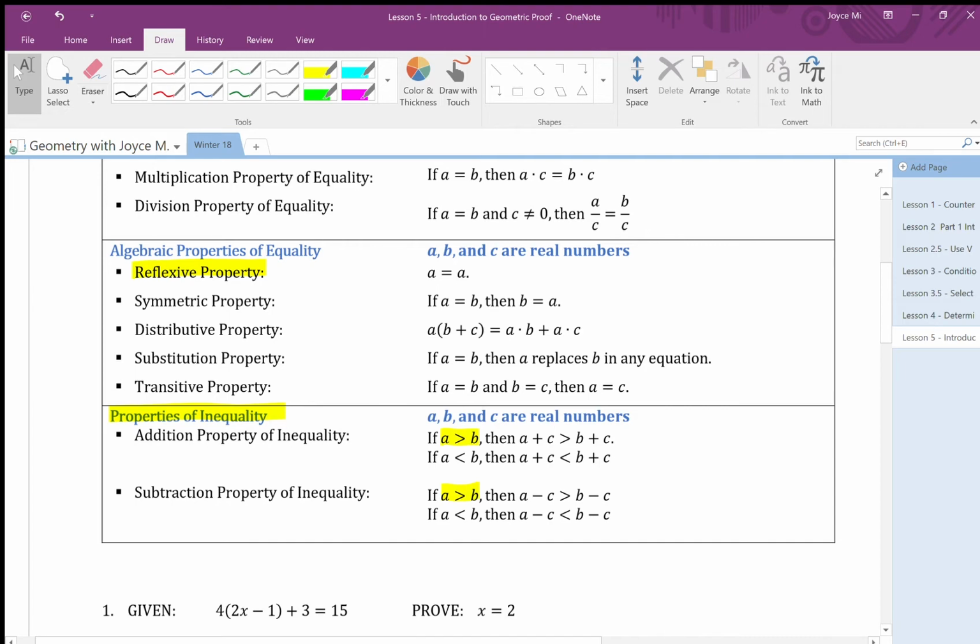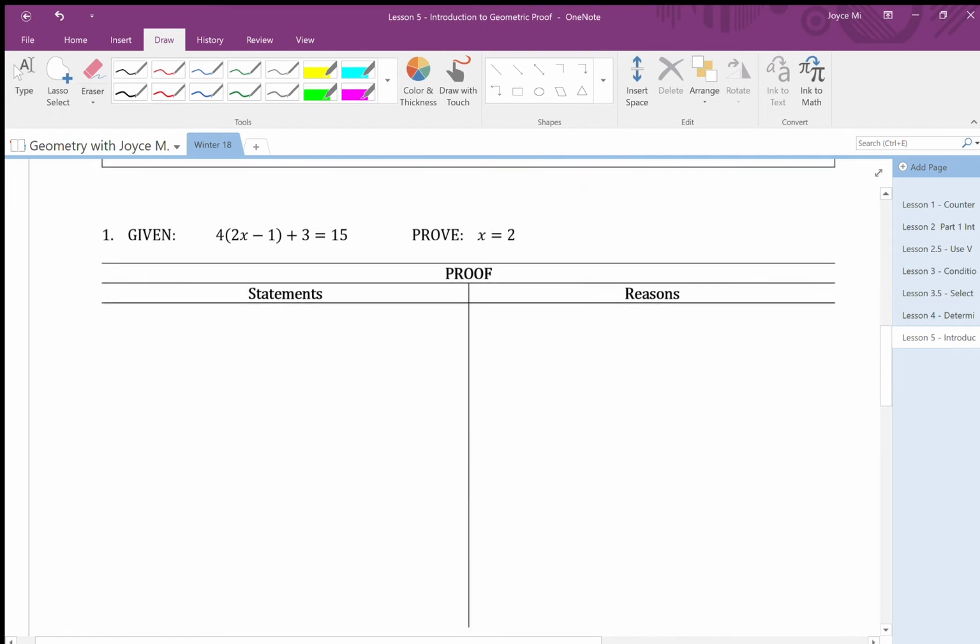Let's do a simple example of how to use those properties. This is called a two-column proof, where you write a statement on the left and a reason on the right. We can solve an algebra question. We solve it as we normally would, but the only difference is that we add our reason on the right-hand side.